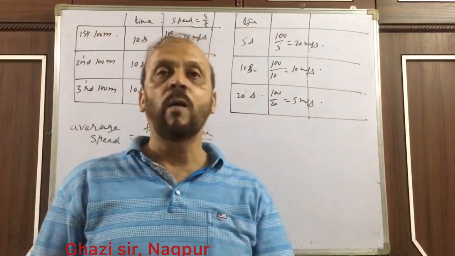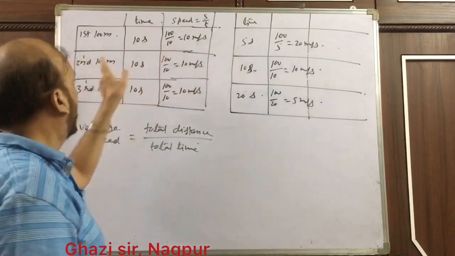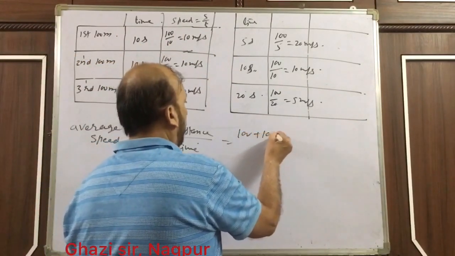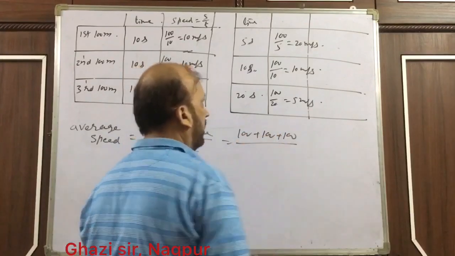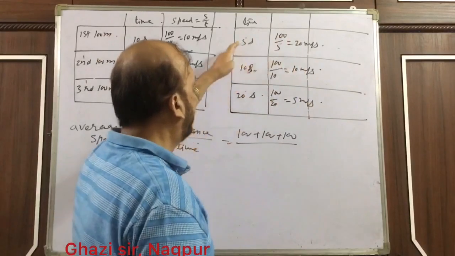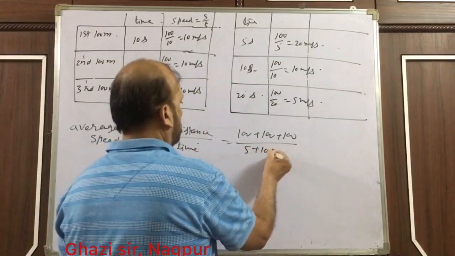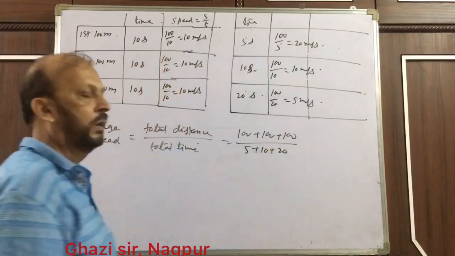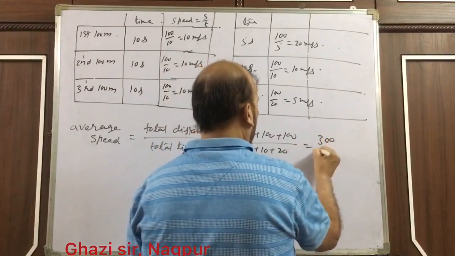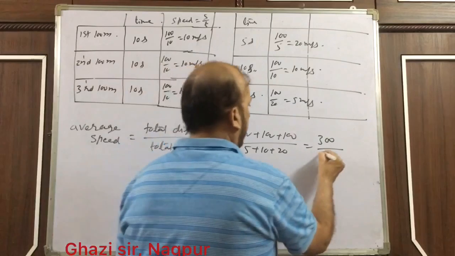But in non-uniform motion, total distance, first time it was 100 meter, then 100 meter, then 100 meter. So this is 100 plus 100 plus 100 divided by total time, 5 plus 10 plus 20. So this is equal to 300 upon 35.